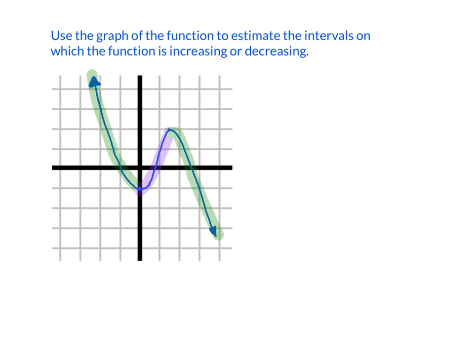Okay, so I want to identify where it's increasing. Where did it start increasing? It started at 0 again. Make sure you're focusing on that x value. That's an x value of 0. Where did it stop increasing? Looks like that's at 1.5. Parentheses on both of those. Where is it decreasing?